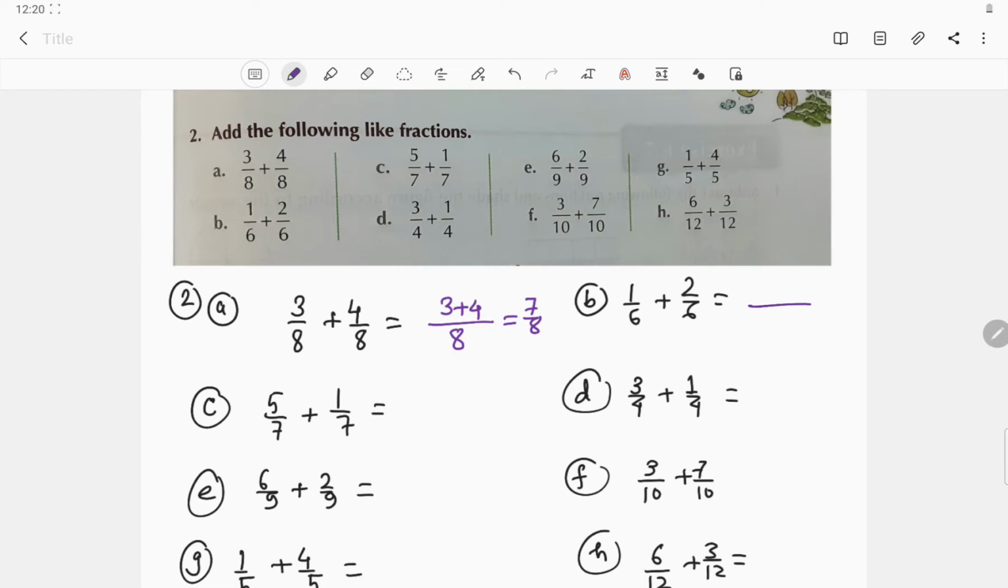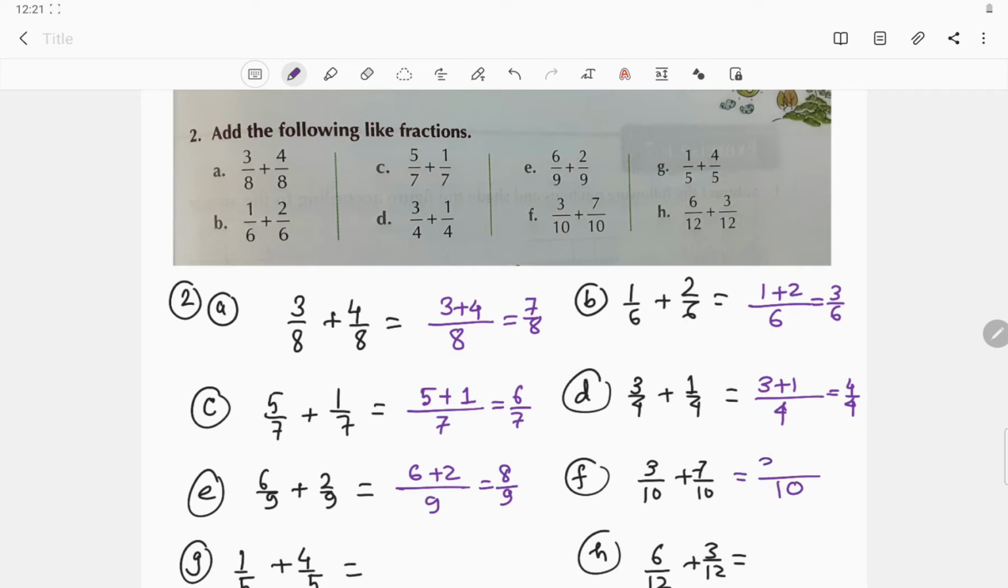Similarly, question number b, 1 plus 2, that is 3 by 6. Then 7 is the denominator, and add the numerators, it will be 6 by 7. Similarly, 4 and 3 plus 1 equals 4 by 4. Then 9, and it will be 6 plus 2, that is 8 by 9.